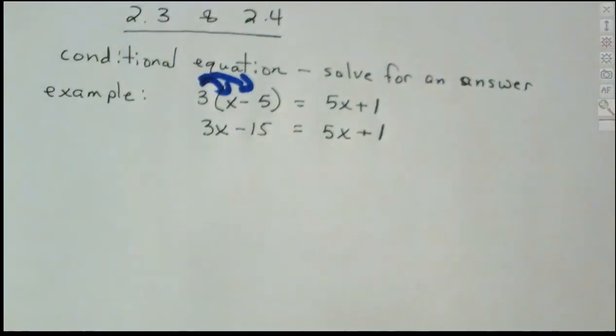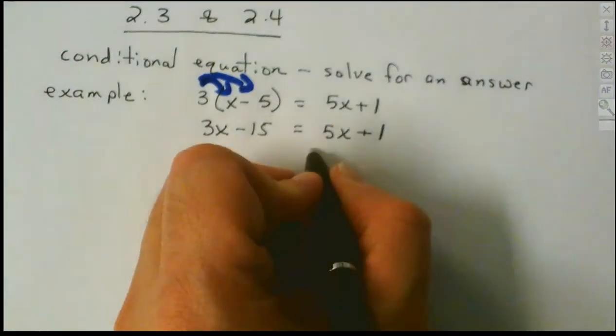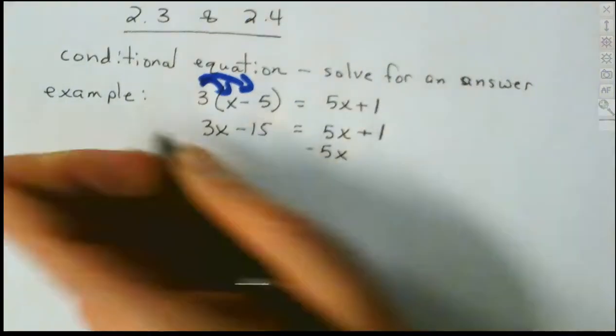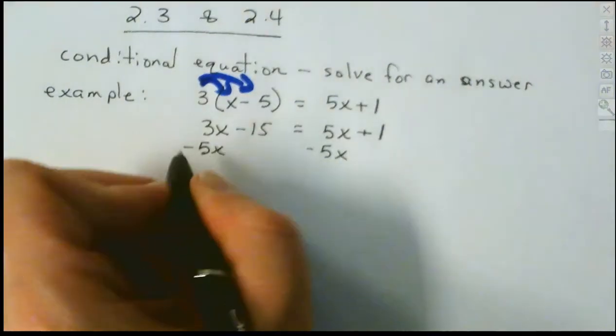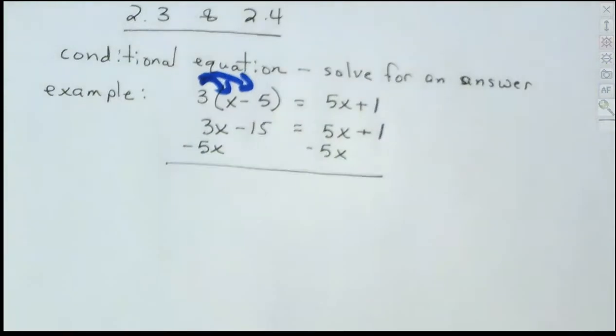Now what do we need to do? Well, we need to make sure that our variable is on the left. So I'm going to move that 5x over to join that 3x with subtraction. I always like to move the variables first. You can do it either order, but I always like to do it the same way every time.